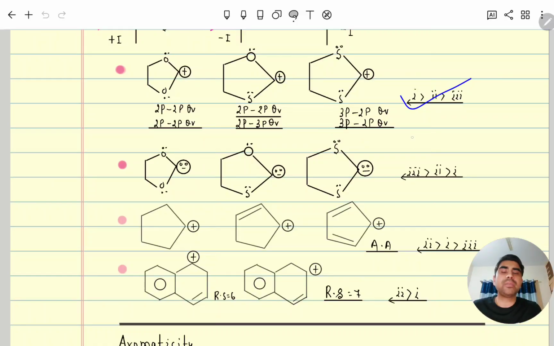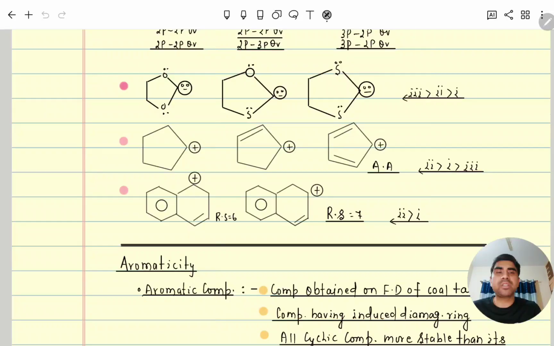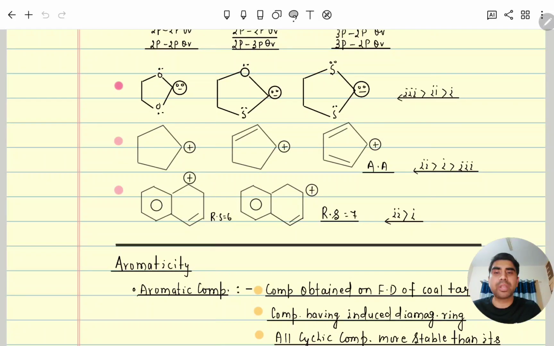So 1, 2, 3. Now carbanion is there. So carbanion means electrons cannot move from here to here, both having 2 electrons. Here it has a minus I effect, here also it has a minus I effect. But this sulfur, you know, is a third period element, so it has a vacant d orbital.